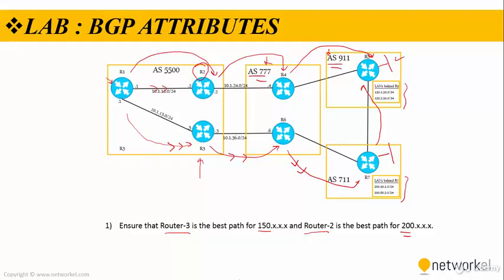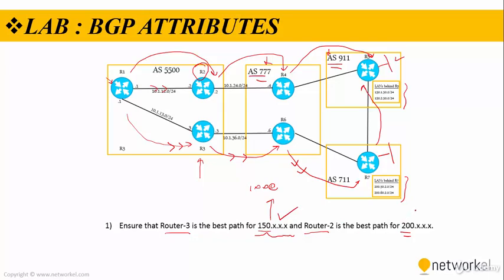All right, in conclusion, what I defined is just a route map to use the local preference in BGP. I set the local preference to a higher value, 1000, for these networks, to ensure that router 3 is the best path for this network.